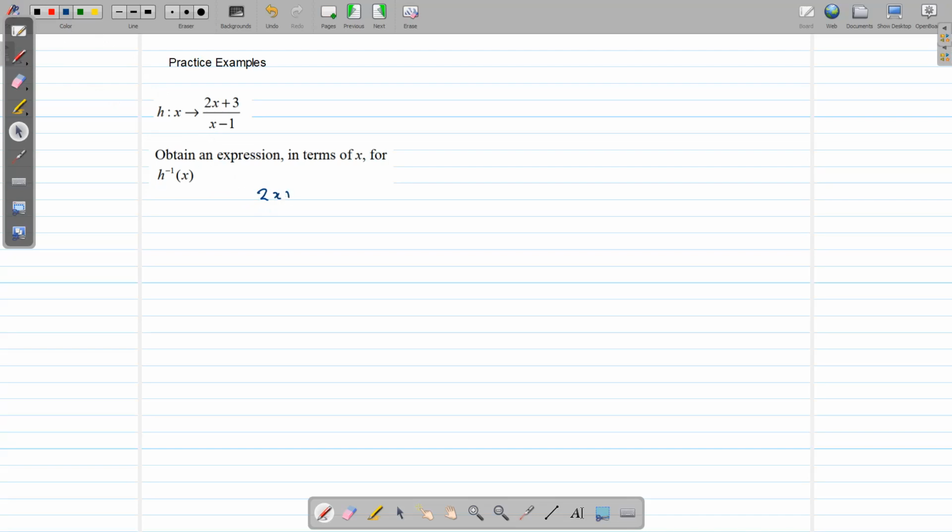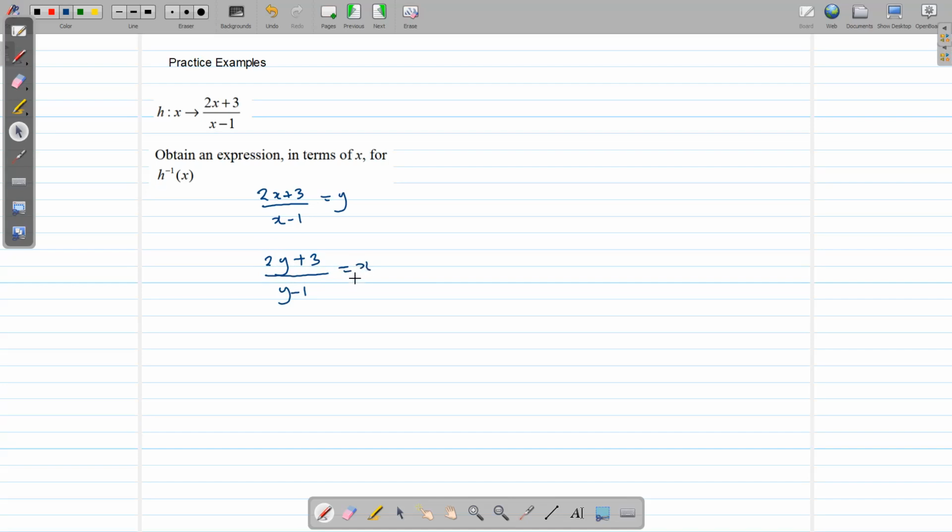So 2x plus 3 over x minus 1 is equal to y. Then we're going to switch the letters x and y. So here we're going to have 2y plus 3 over y minus 1 is equal to x.